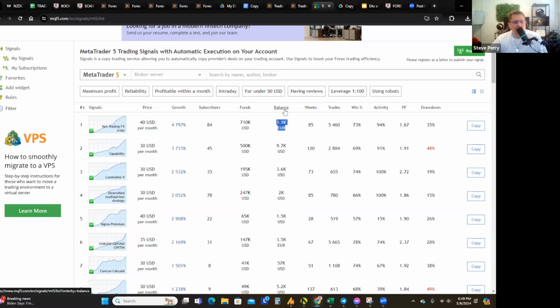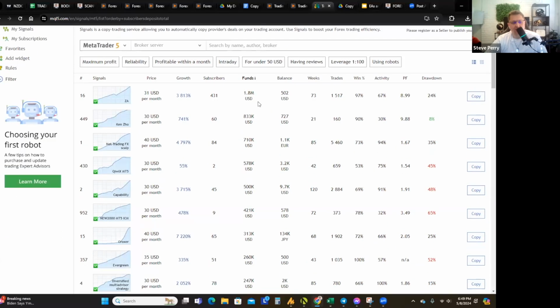Another thing you can do is filter. Their default is just by how they rank them. I'm not sure how they do it, but you can filter by funds under management. This one has $1.8 million. Okay, this is crazy. Look at this one. It has $1.8 million under management, but it's only a $500 account trading $1.8 million.